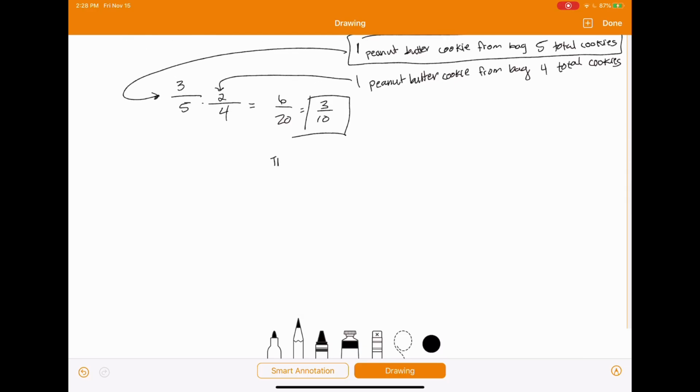All right, let's go ahead and try this on your own. Let's see, if you have 10 marbles in a bag, there are 4 red, 2 green, 3 blue, and 1 yellow.